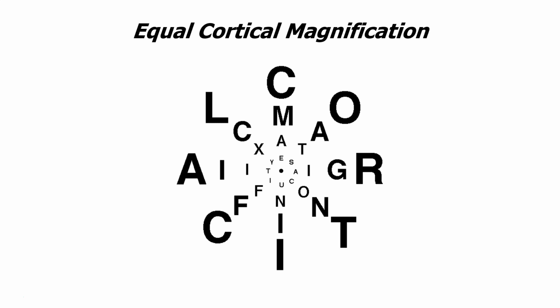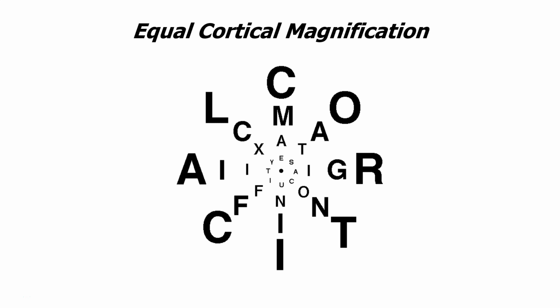But these letters have all been scaled by the cortical magnification factor. So again, without moving your eyes, you can shift your attention to the ring of letters that surrounds the dot. So you can see that they are E-S-A-C-U-I-T-Y. And again, without moving your eyes, you can go to the next ring, A-T-I-O, and the next one, M-A-G, and even the farthest ring of letters.